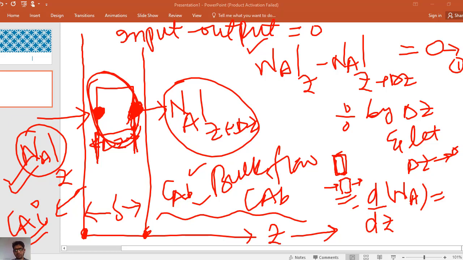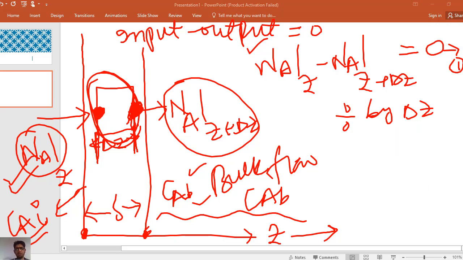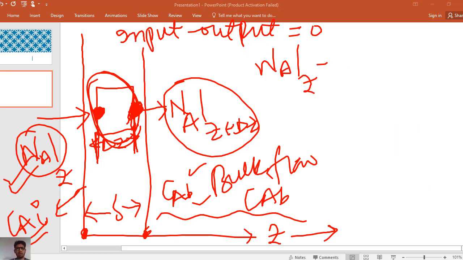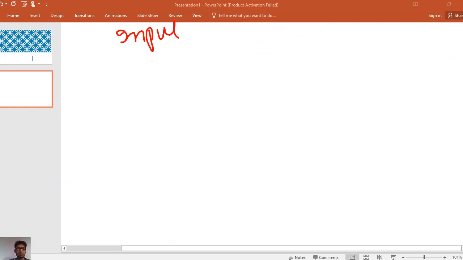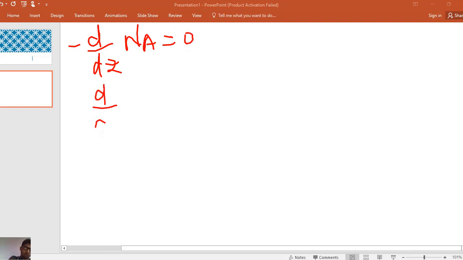So we derived the equation for the flux of A, which passes through the small element having thickness delta z. So minus d by dz NA is equal to 0, or d by dz NA is equal to 0.